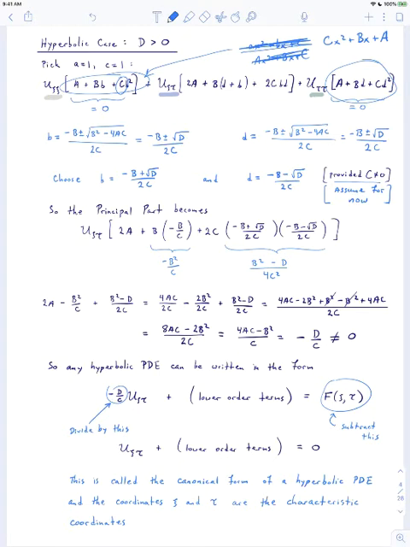Notice that these two are the same, so we don't want to choose b and d to be the same. We're going to choose b to be the one where we use the plus, and d to be the one where we use the minus. We could have made the other choice if we wanted.